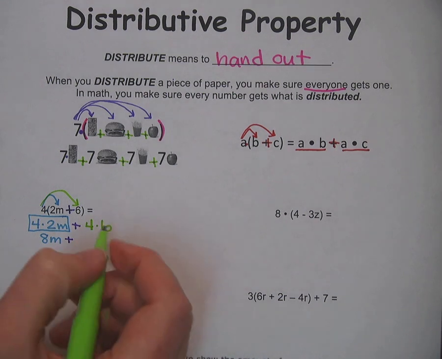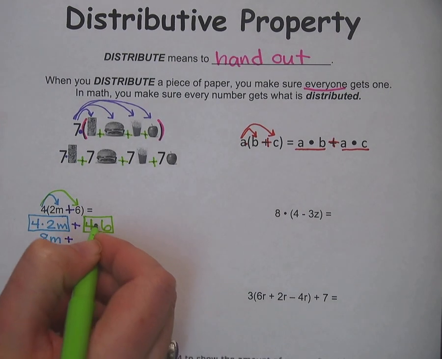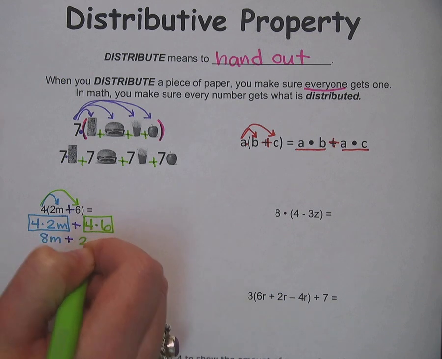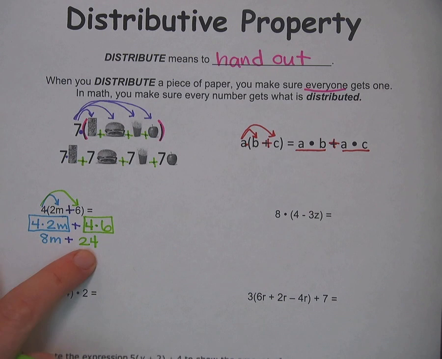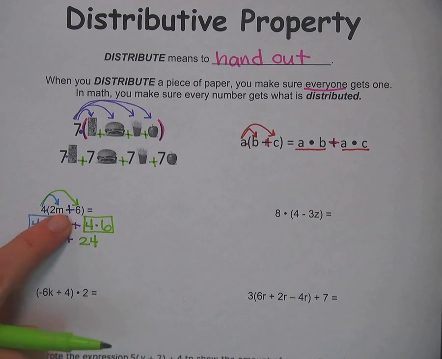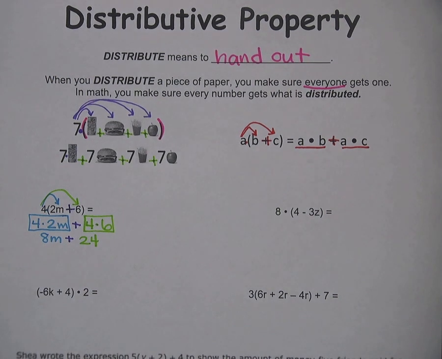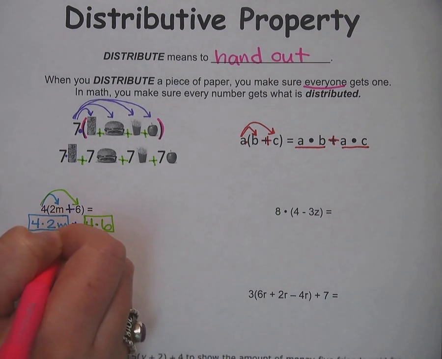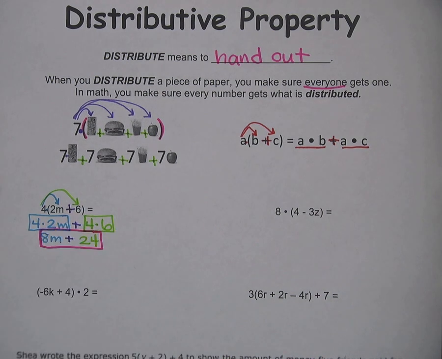Now I can solve this multiplication back here. 4 times 6 is 24. And then I am left with a number with a letter and then just a number. Just like up here, I couldn't put those together because one has a letter. And that is my final answer. 8m plus 24. We are done.